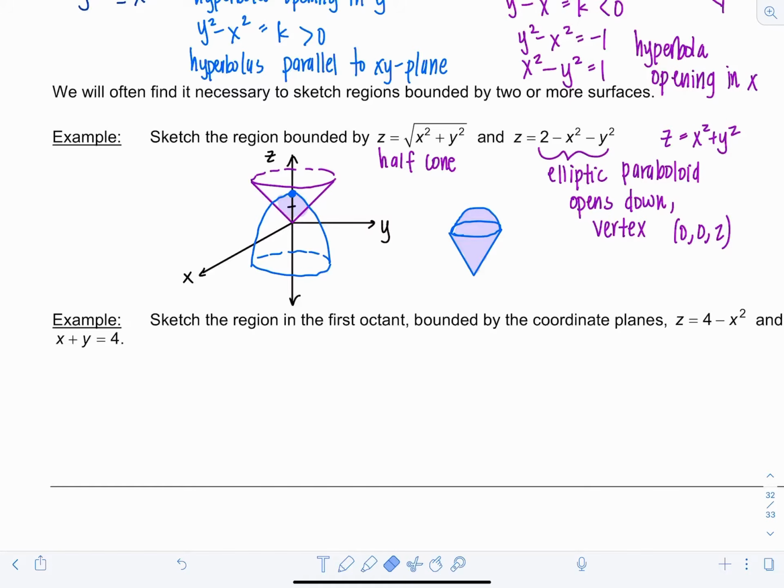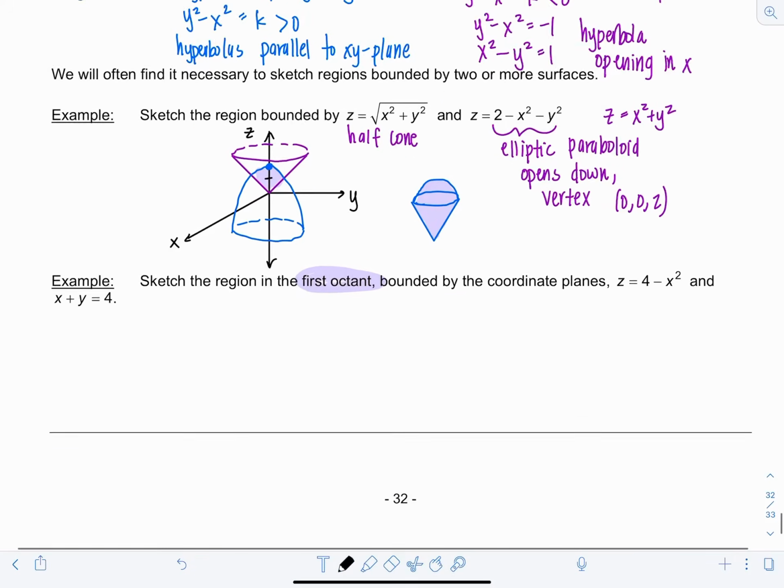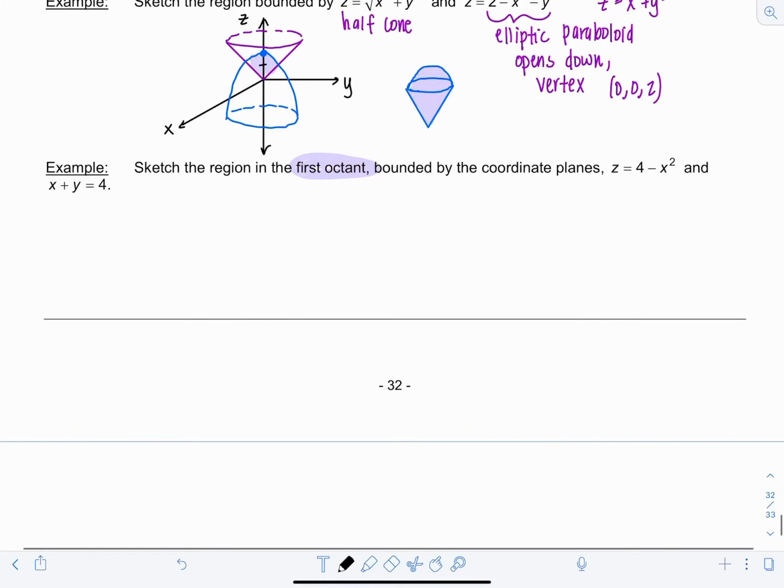Okay, and then last example, sketch the region in the first octant only, that's bounded by the coordinate planes, z equals 4 minus x squared, and x plus y equals 4. Okay. So here we go. So we're only in the first octant.